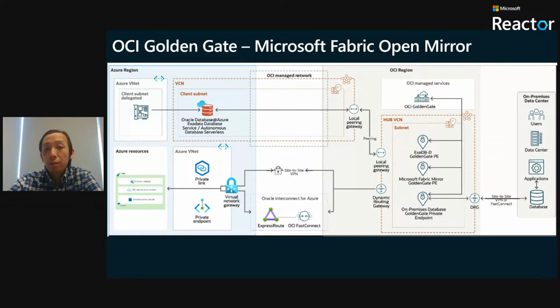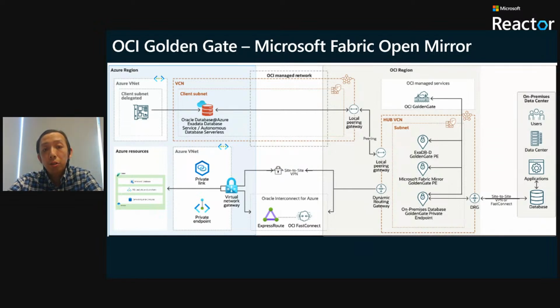It is a service that's managed by Oracle. And you can see that the GoldenGate service can connect to your on-premises database through a site-to-site VPN to fetch data from, for example, an on-premises Oracle database.